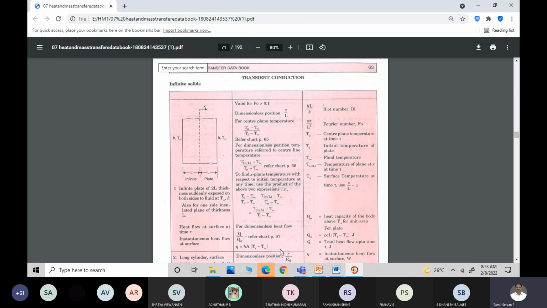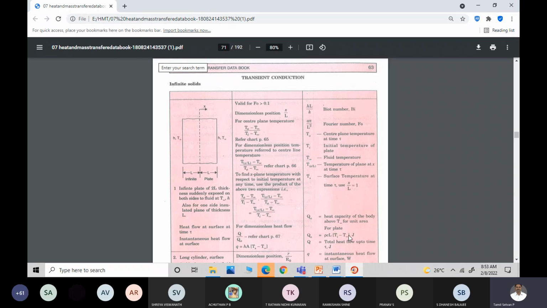Small q is the instantaneous heat flow at the surface, h A delta T. Capital Q by Q naught you have to find out. Q naught is the heat capacity of the body above T infinity, equal to rho C L into (Ti minus T infinity), where C is the specific heat, rho is the density, and L is the significant length, which is thickness divided by 2.